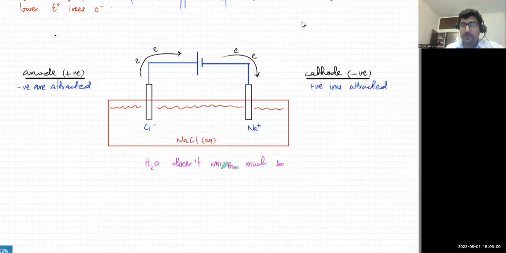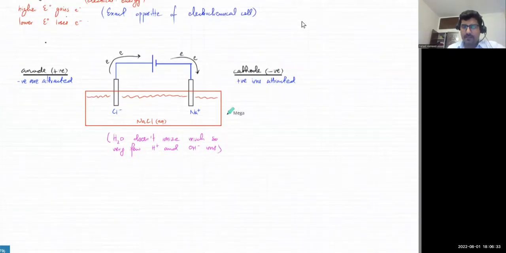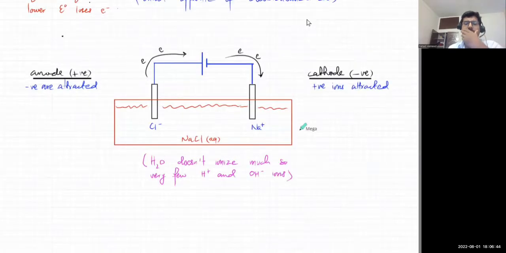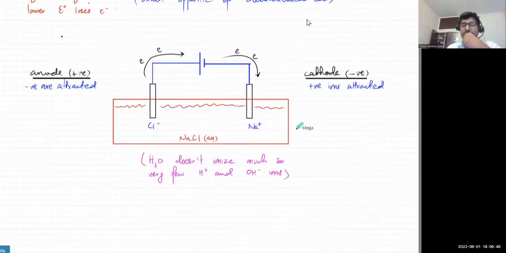If you're talking about H+1 and OH- ions, there are very few of them, not a lot. It just ionizes very, very little, depending on whether you've added H+1 or not.